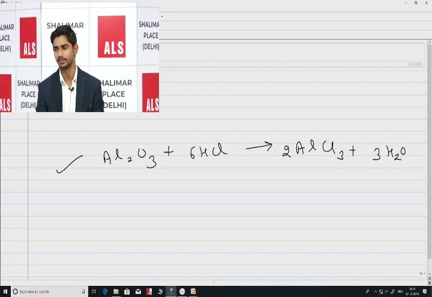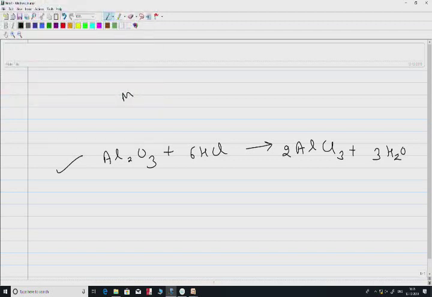Please copy this balanced reaction. Because I have seen this reaction many times.